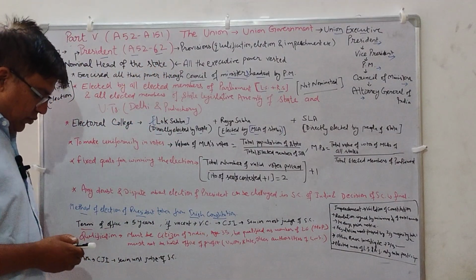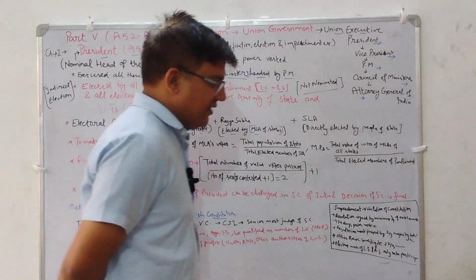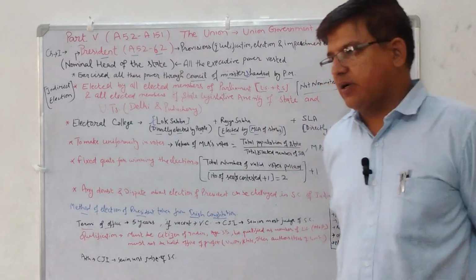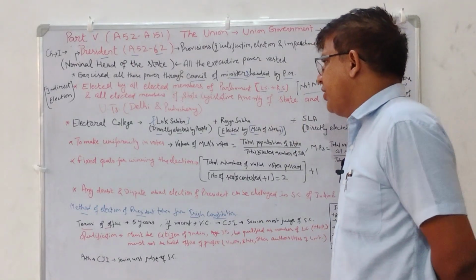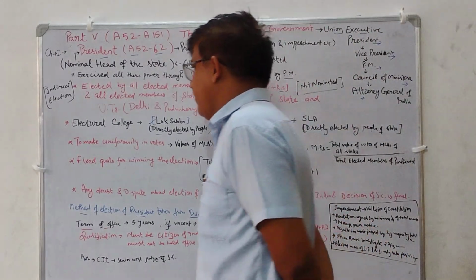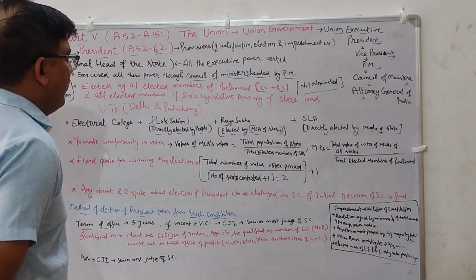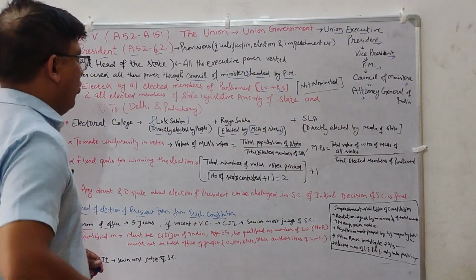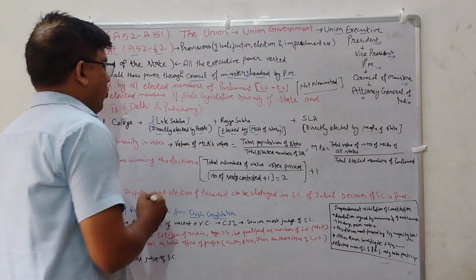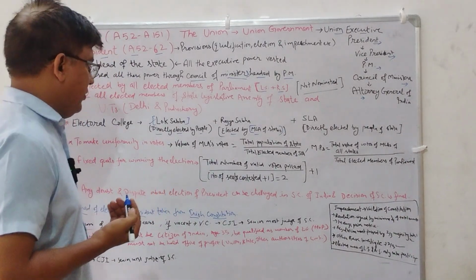How do we make uniformity in the votes? Because some states are too big and some states are small in terms of population. For making uniformity in the vote, we fix values of the votes of the MLAs as well as the votes of the MPs.